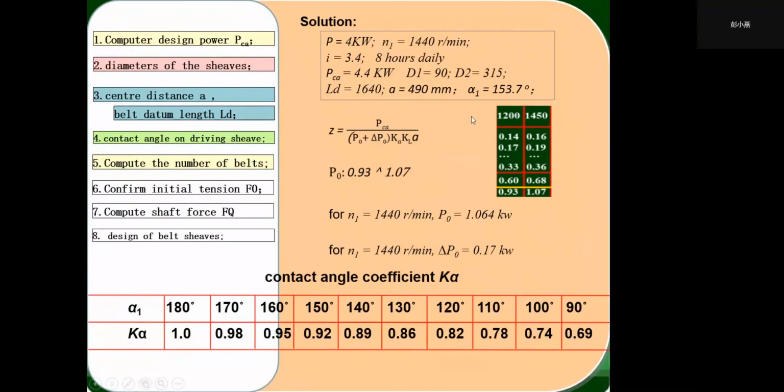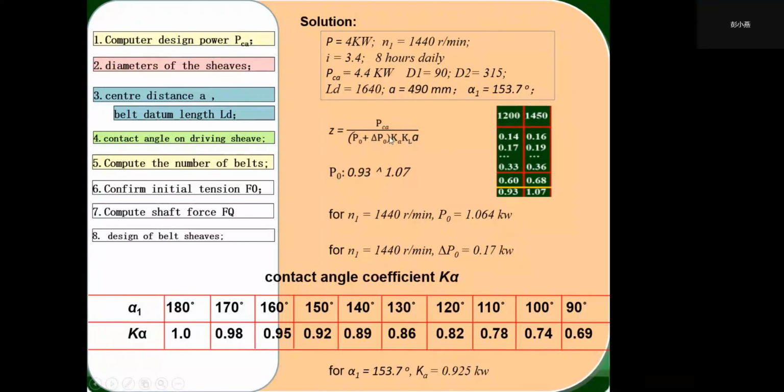In this example, we calculated alpha 1 is 153.7 degrees. So the K alpha is in this range, and we also use interpolation to calculate the K alpha, which is 0.925.